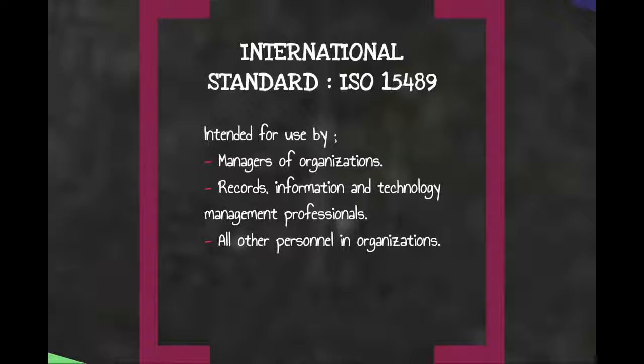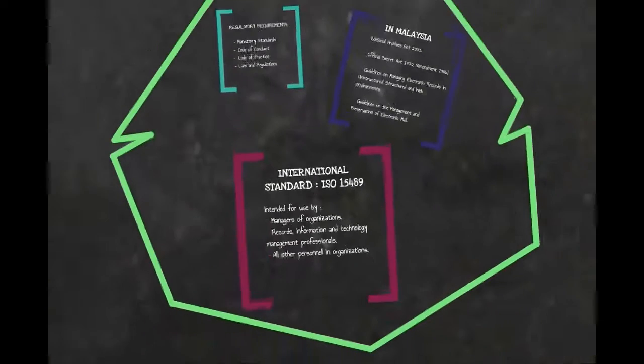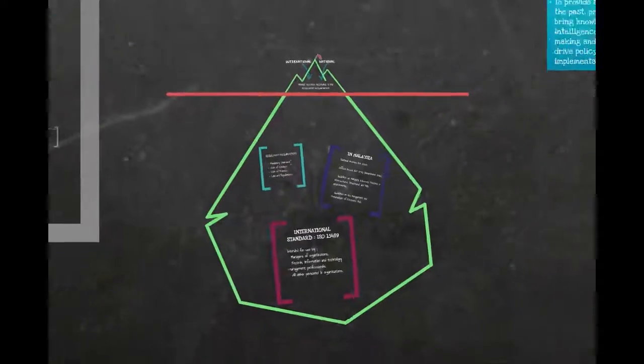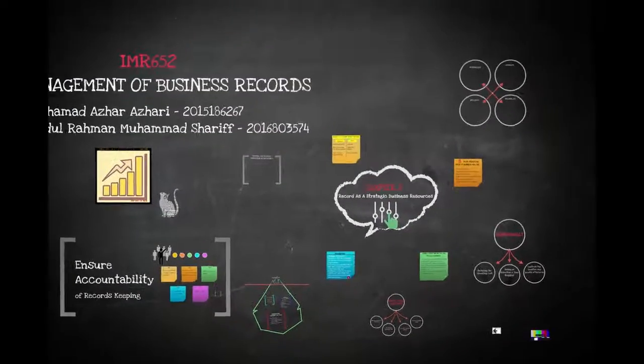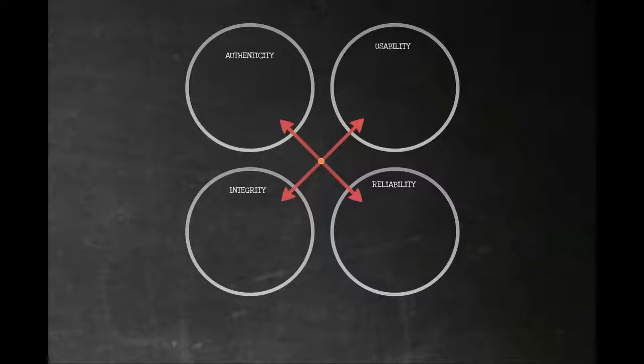It is intended for use by managers of organizations, records, information and technology management professionals, and all other personnel in organizations. This regulatory requirement will lead to authenticity, reliability, usability, and integrity of the record as a strategic business resource.